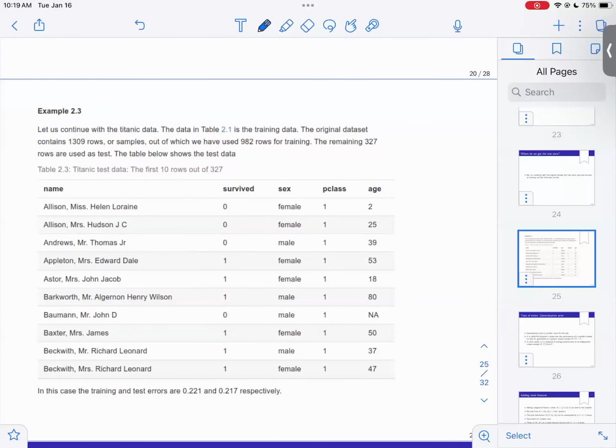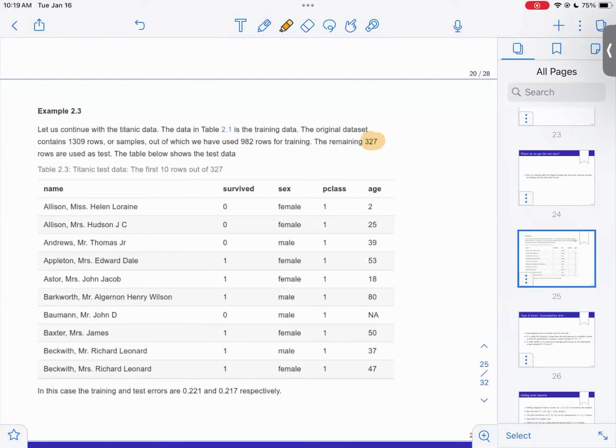Okay, I guess on this slide I used to evaluate. I'm going to skip. So this is the entire Titanic data set. There are this many rows, 1,309. I split it into these two parts: 982 for training and 327 for test.